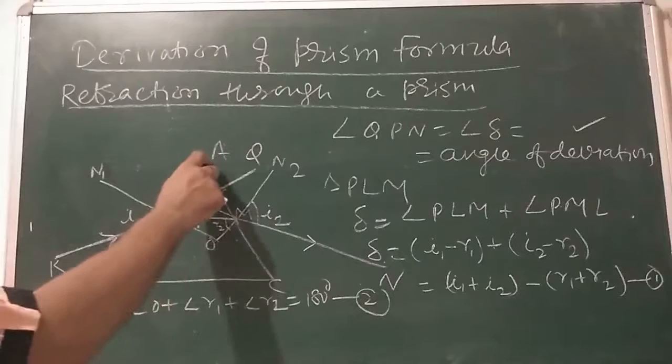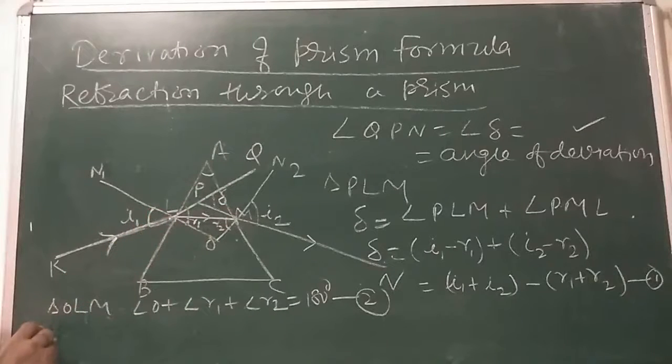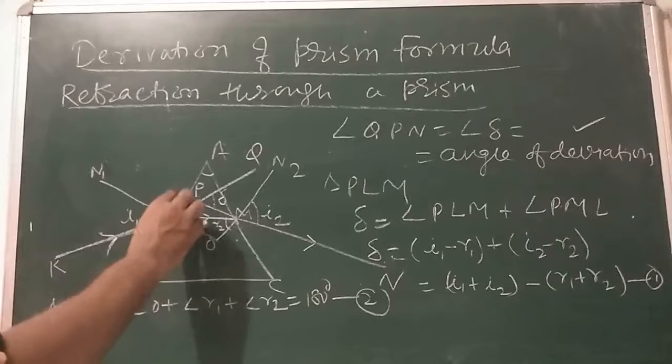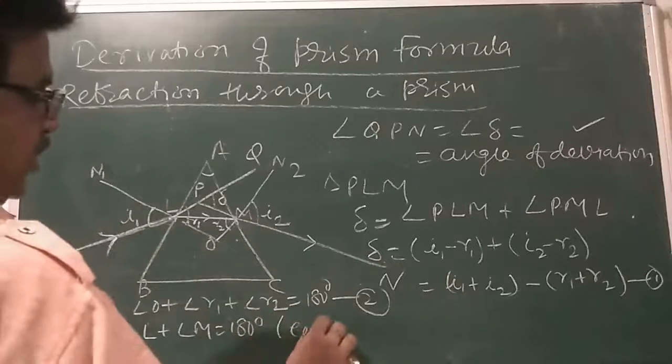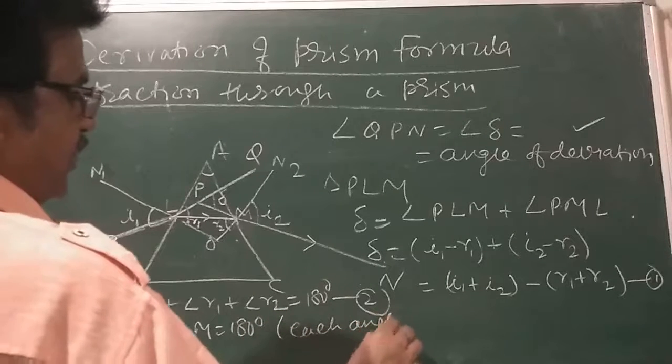In the quadrilateral ALOM, angle L plus angle M is equal to 180 degrees, because each angle L and M is 90 degrees.